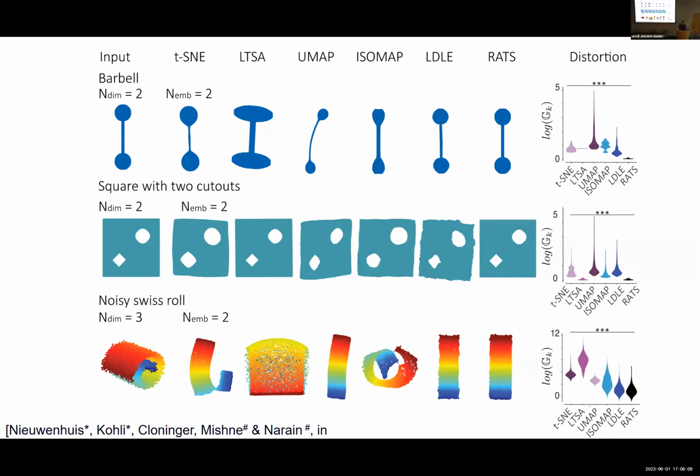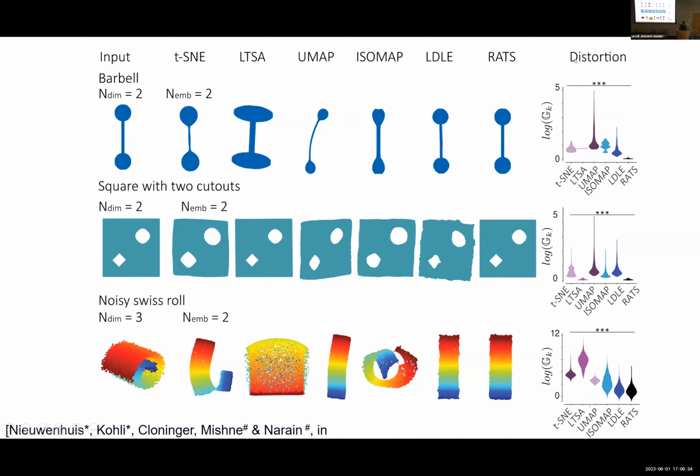Since this is a talk about visualization, let's look at a few results. We start out with a few synthetic data sets, comparing different techniques. On the barbell, a square with two cutouts, notice that they have different geometries, so you can see how these geometries get distorted by some techniques, and also a noisy Swiss roll, so how does noise impact dimensionality reduction?